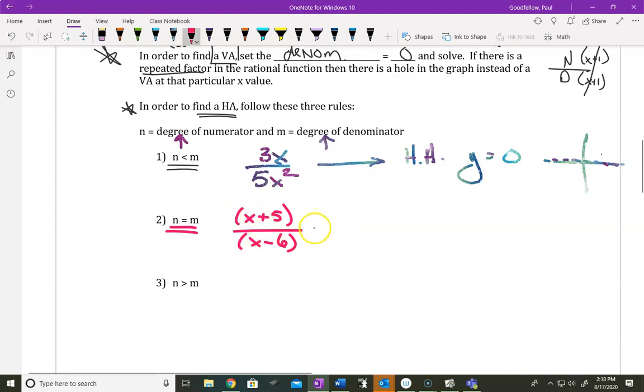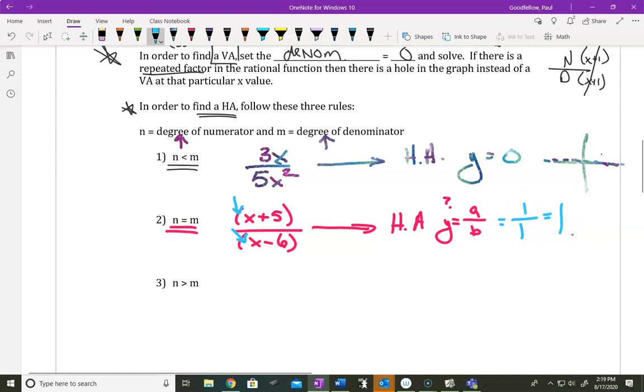If that turns out to be the case, then the horizontal asymptote is y is equal to a over b. Now you're probably thinking, what the heck is a over b? It's the lead term coefficients in front of the leading terms that are holding the power that determine the horizontal asymptote. So in this case it'd be 1 over 1, or the horizontal asymptote would be y equals 1.